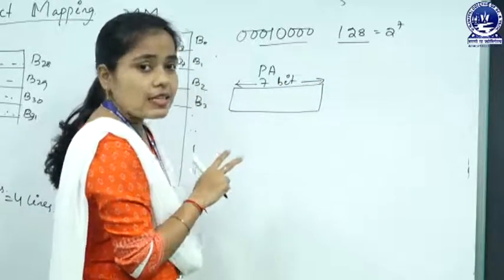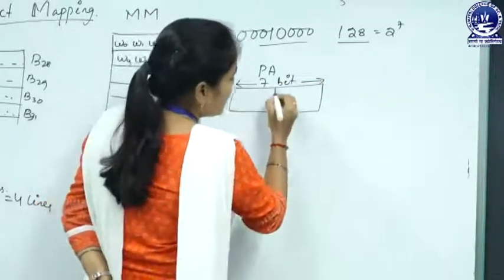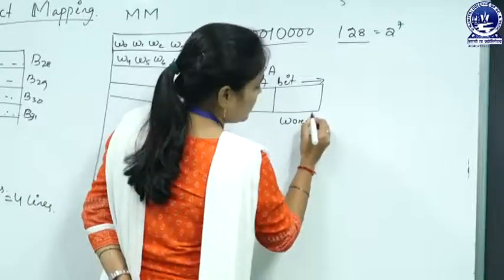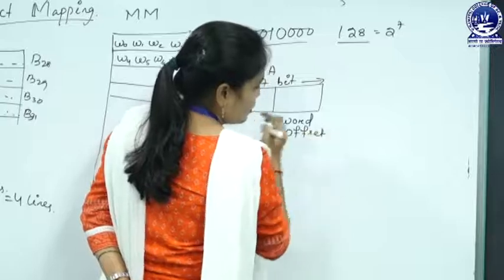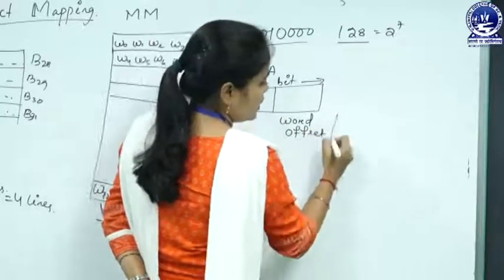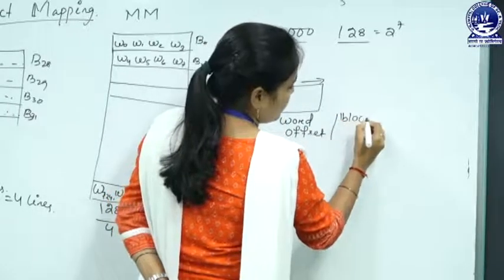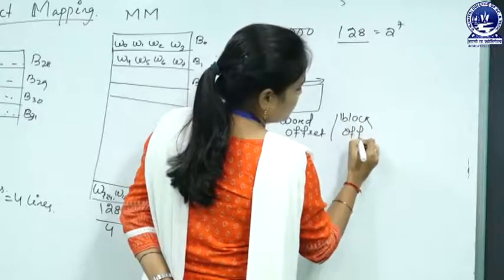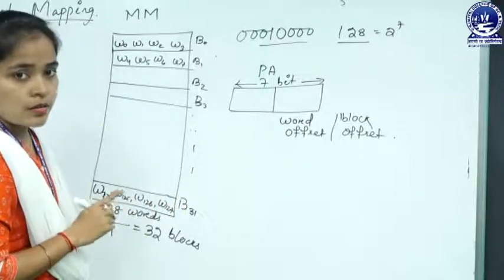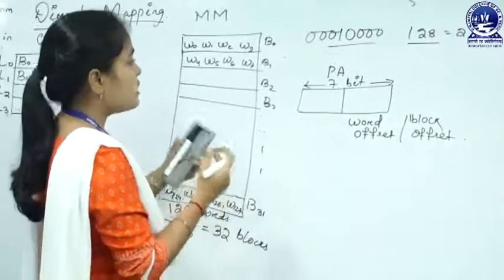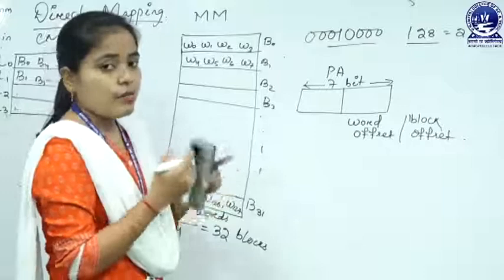And this address basically contains two fields. The first field is our word offset, or you can say block offset. That means which word the CPU wants.